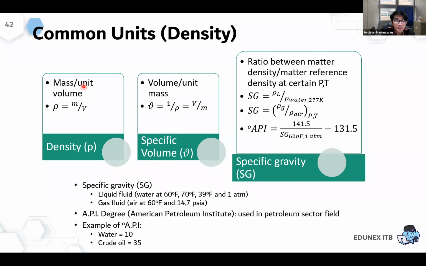This is how much mass in each volume; this is how much volume in each mass. Yeah, you can get the concept, right? Ya, jadi specific volume itu kebalikannya. Kalau densitas itu adalah jumlah massa per satuan volume, kalau specific volume adalah jumlah volume per satuan massa.